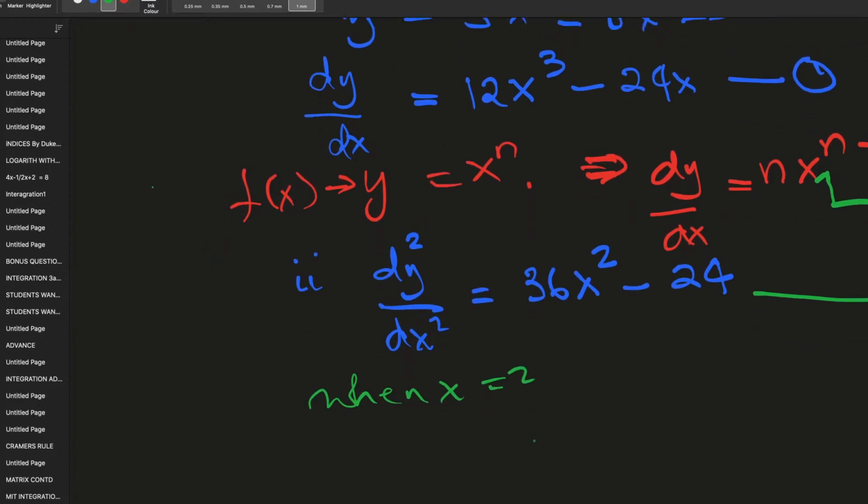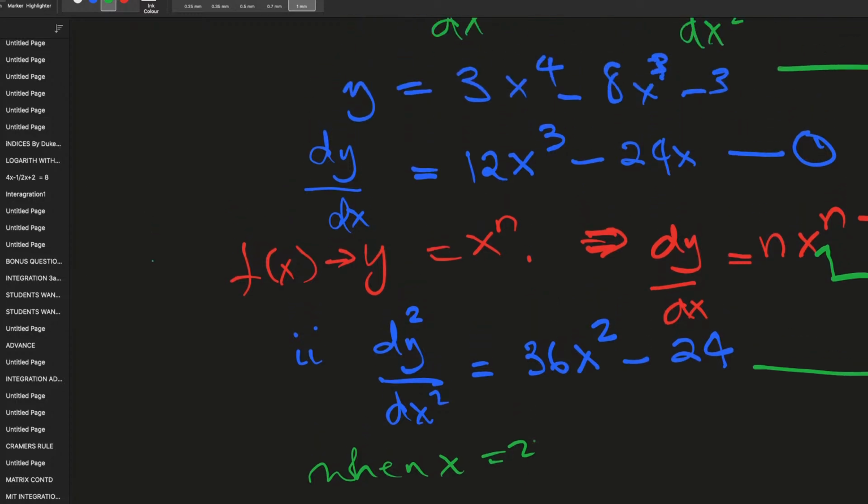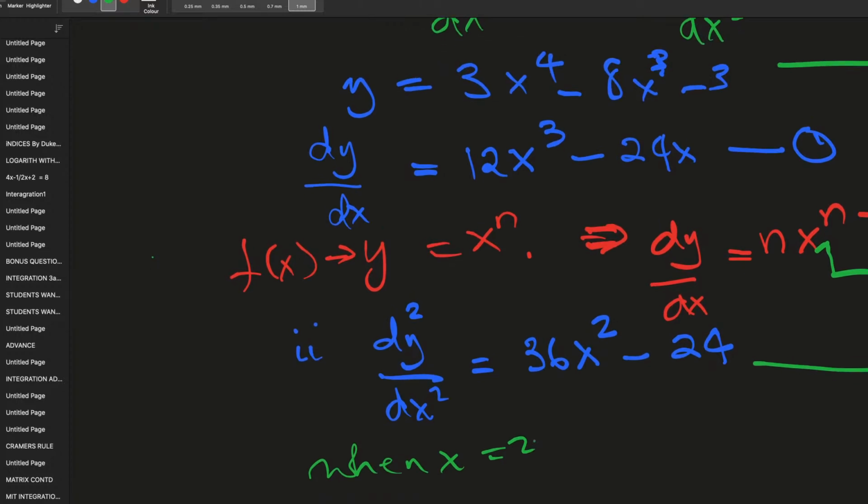Okay, let's see. A stationary point when x is equal to 2. But is it true? Stationary point when x is equal to 2.